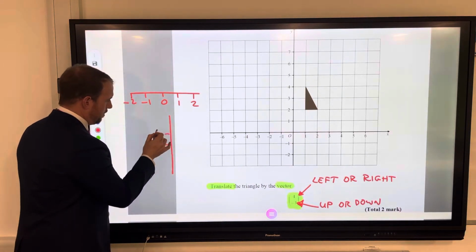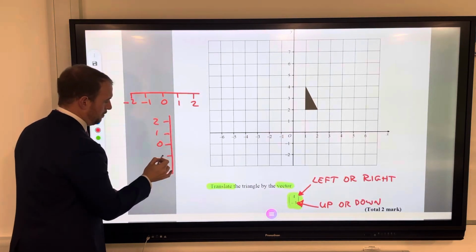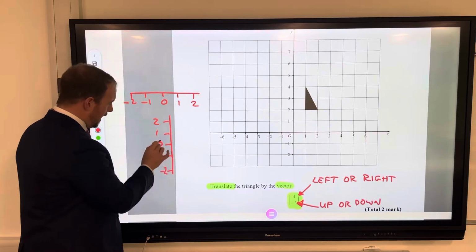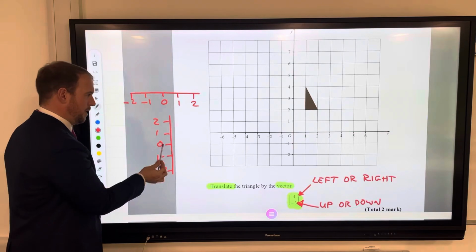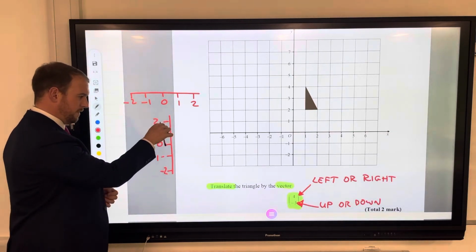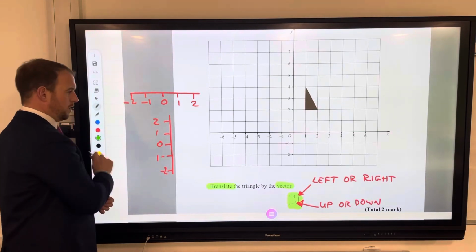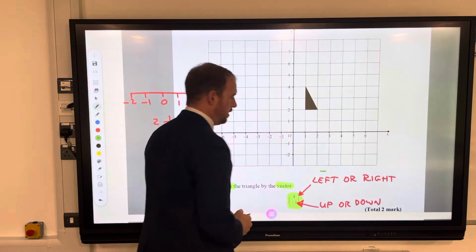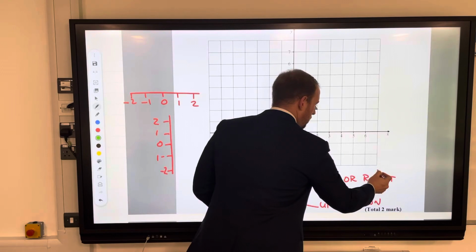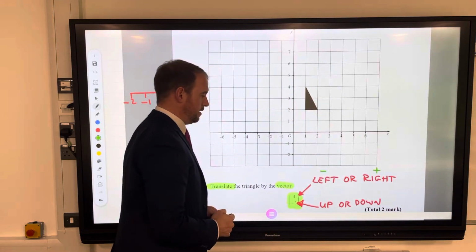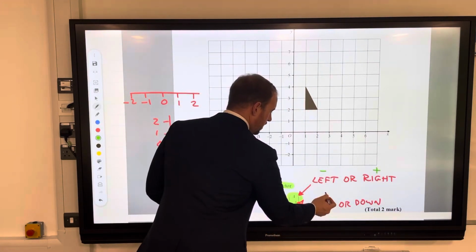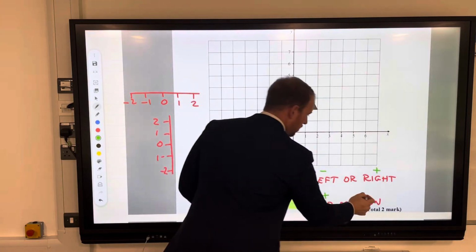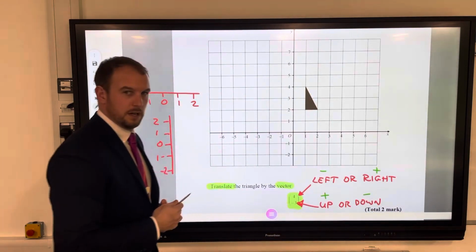We have 0, 1, 2, and then -1, -2. If it is positive, that means it's going up. And if it's negative, it's going down. So with these here then, negative would be left, positive would be right, up then is our positive values, and then down would be our negative values.